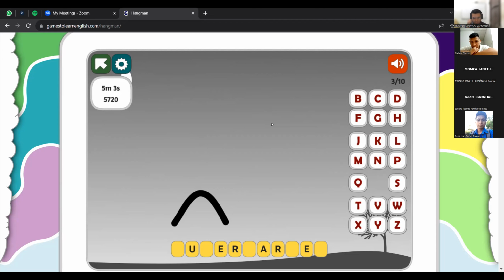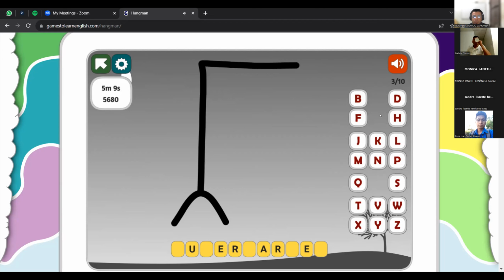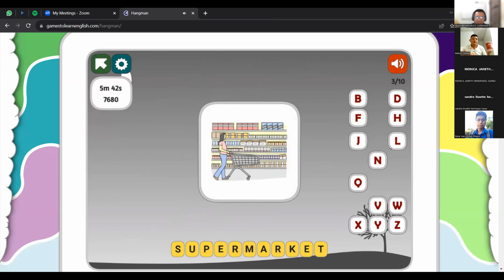G. Let's check G. No, sorry, it's not. I clicked on C, but yeah, it doesn't have G. P, letter P, E, yes. Oh, now you have it. Supermarket. Yes. Great. Supermarket.